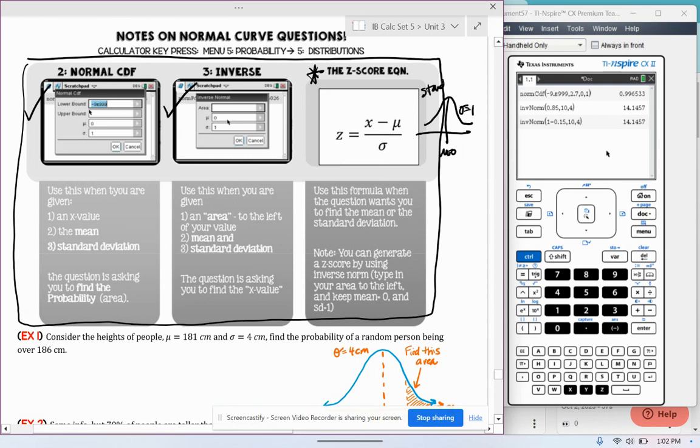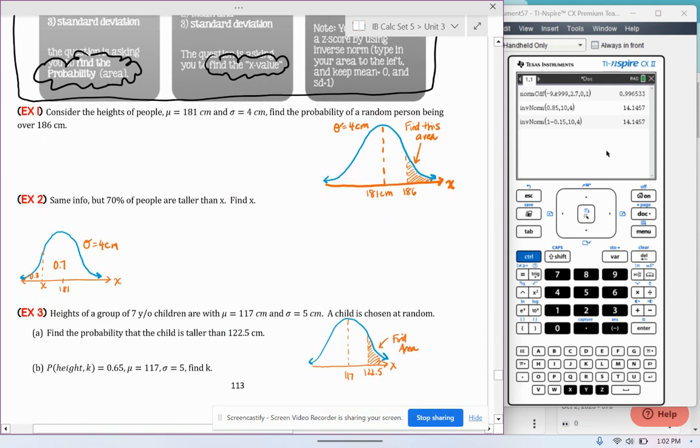Think about the standard normal distribution as one of the children of the normal distribution family. We have two happy normal distribution curves, and they had a baby, the standard normal distribution curve. Okay. So normal CDF is when you are trying to find the probability or area. Inverse norm is when you are given the area and you need to find the x value or boundary that satisfies the question.